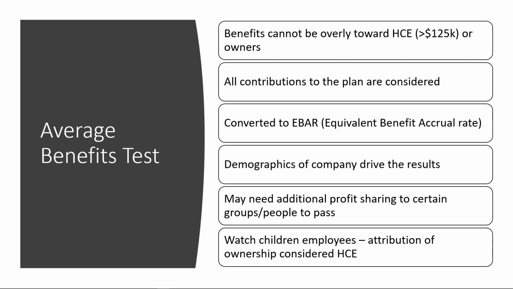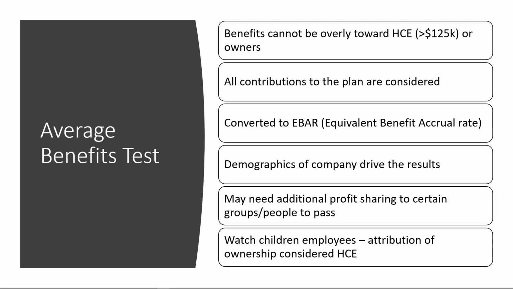And by the way, I think I missed that, but if you're an owner, it doesn't matter what you make, you're considered a highly compensated employee, even if you're only paying yourself $10,000 or whatever. So keep that in mind, that as an owner or a family member of the owner, you are considered a highly compensated employee.